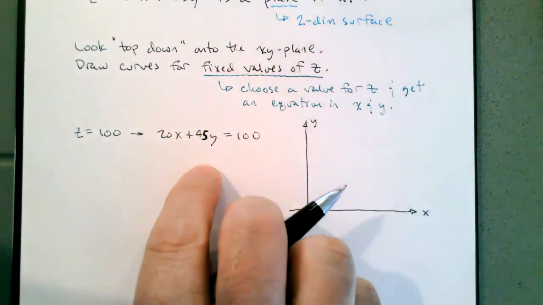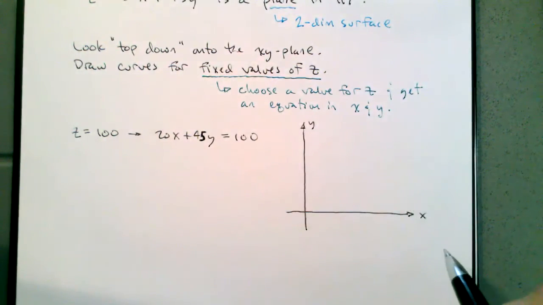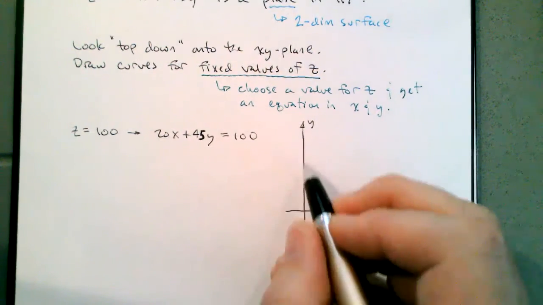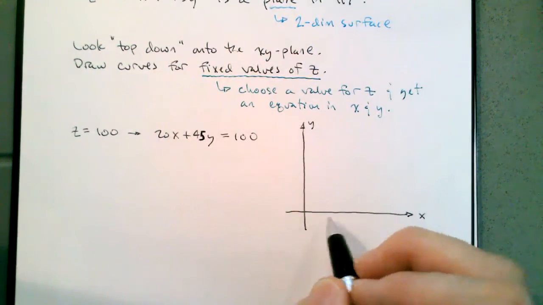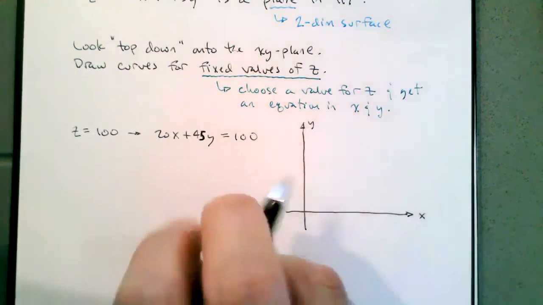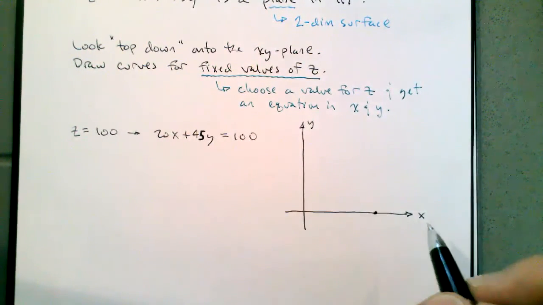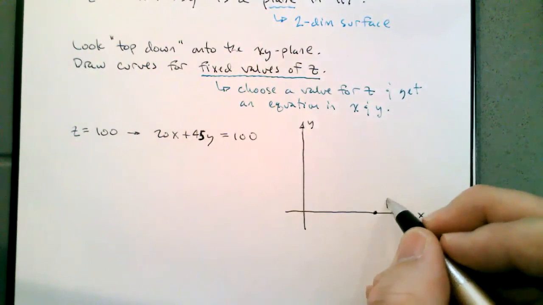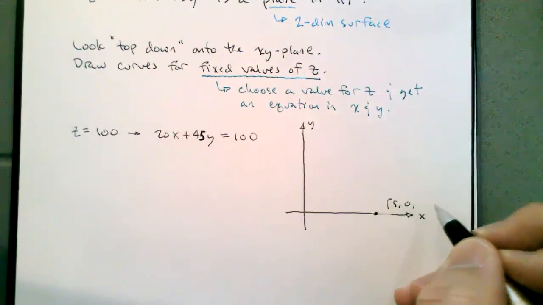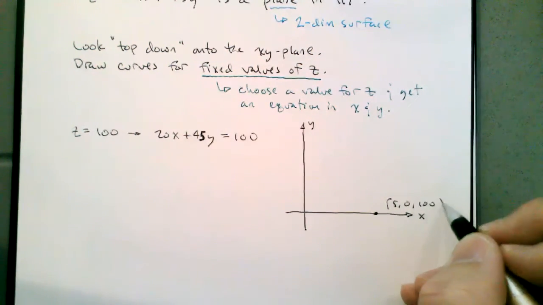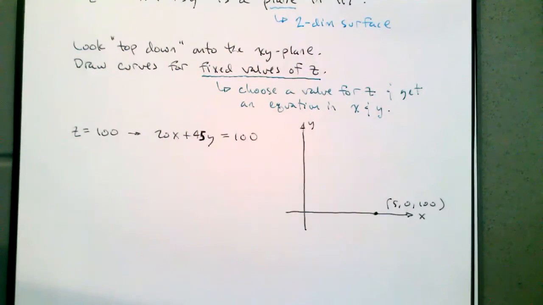Let's see, when Y is 0, X is going to be 5. So if X is 5, Y is 0, Z will be 100. And if X is 0, Y is equal to 100 over 45.